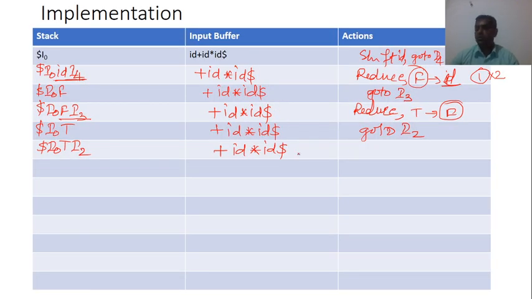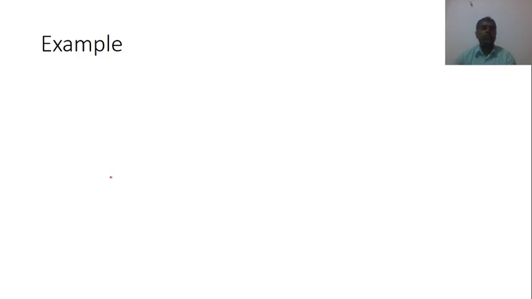Reduce by E goes to T. How many symbols are on the right side? 1, 1 multiplied by 2, 2. Pop 2 symbols and put E in this place. So it becomes $ I0 E, and this one becomes plus ID asterisk ID $. Now I0 row, E column.